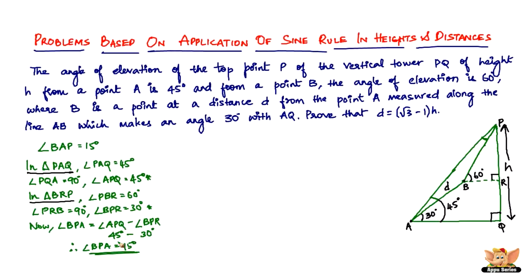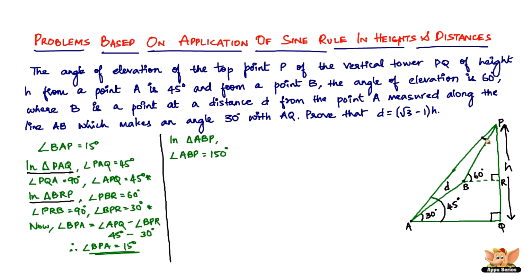So we've got this one now. We have to go to this triangle ABP. In triangle ABP, we have two angles. It's very easy to find the third angle. This is 15 and this is 15. If this is 15 and this is 15, angle ABP will be what? Angle ABP will be equal to 180 degrees minus 15 plus 15, which is 150 degrees.